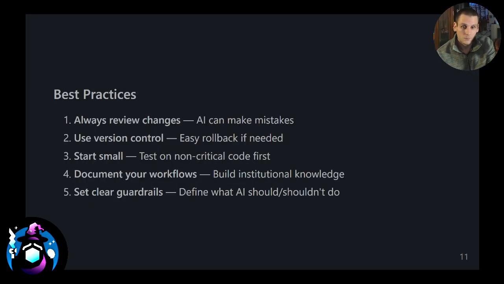Then the best practices is always review your changes. That means for me, for instance, always look at the Git commits, try to understand what the AI is doing. Start small, don't hand over too big tasks to the AI, and maybe break down bigger tasks a little bit by yourself.